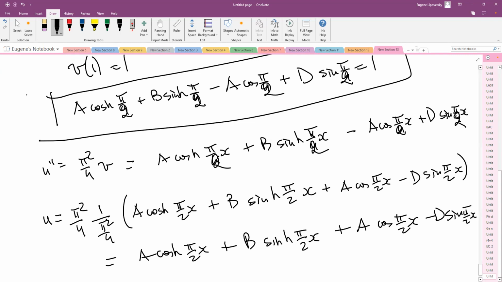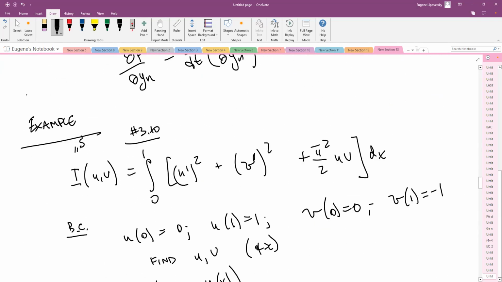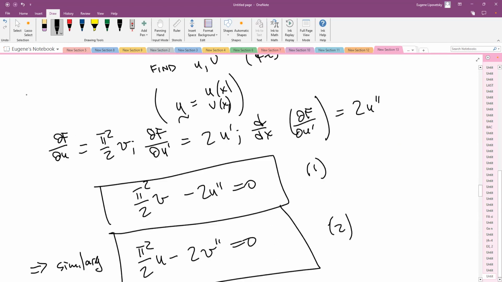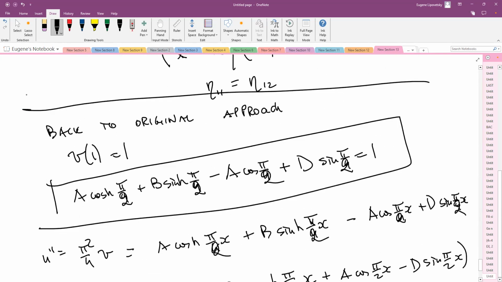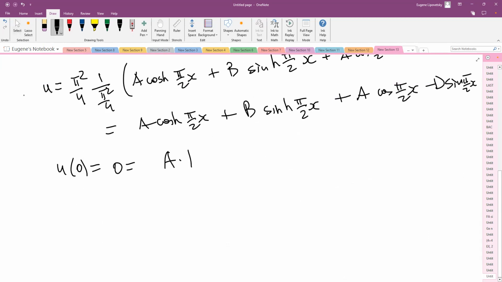And now we apply the condition that u of 0 equals 0. So u of 0 equals 0, and that's going to be a times 1. The b will fall out, plus a times 1, and that's equal to 0. Therefore, a is 0. All right.